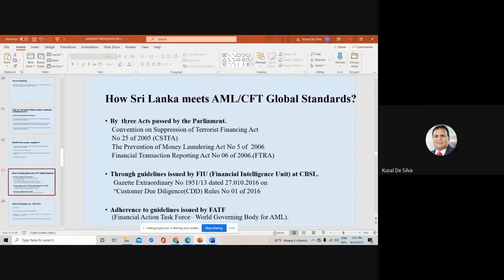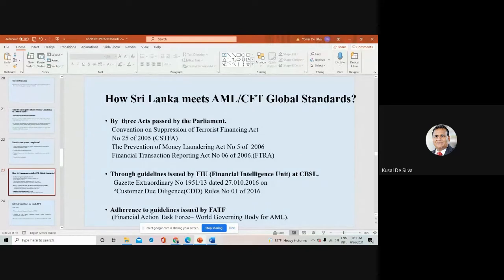Then we move to FIU. FIU is the Financial Intelligence Unit under the Central Bank of Sri Lanka. This is a very powerful unit headed by a director appointed from the central bank.